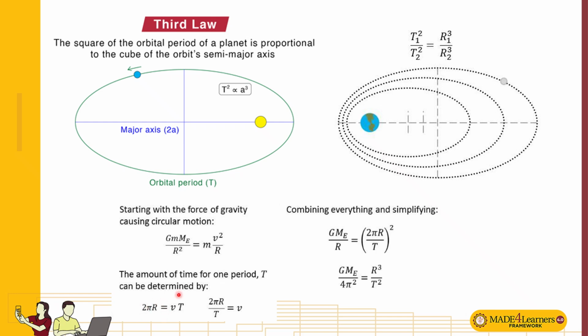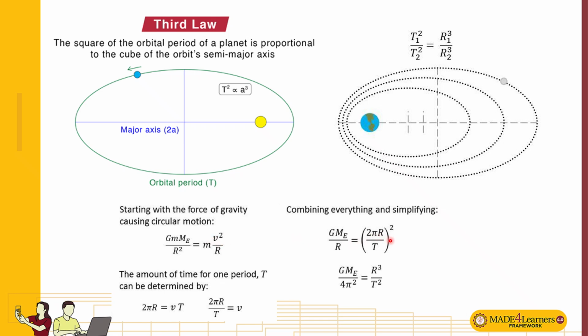The distance traveled by the satellite is assumed to be 2 pi r, and it's equal to the product of the velocity and the orbital period. Computing for the velocity, it's 2 pi r over T. And if we plug it into this equation, we write 2 pi r over T instead of v.